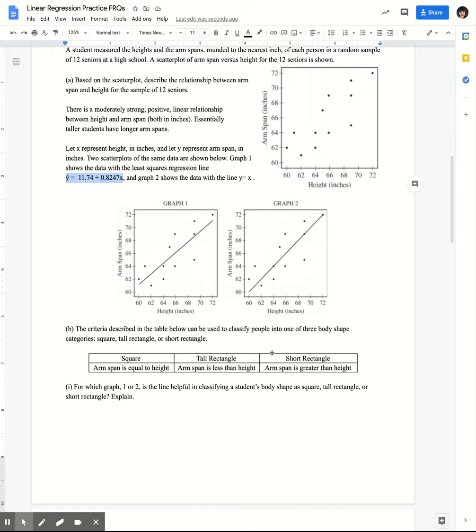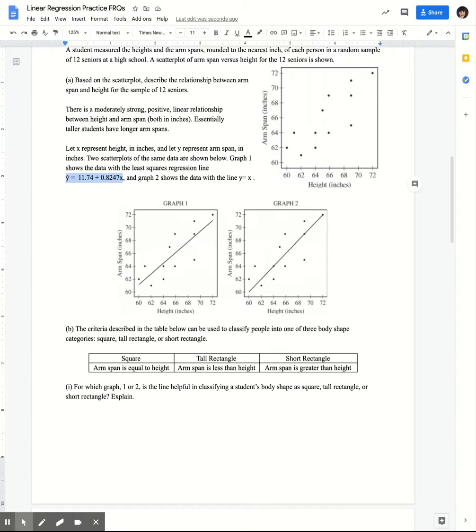So a tall rectangle would be like someone that has a shorter arm span. So their arms are shorter, but then they're pretty tall, right? And then a short rectangle is exactly the opposite. So somebody that has longer arms, but maybe is a little bit shorter. Okay, so if we look at the least squares regression line, this line is good for prediction, but it's not great for classifying these body types, right?